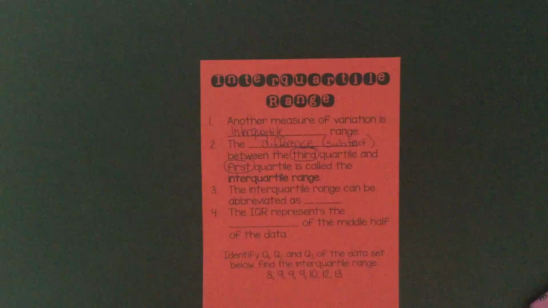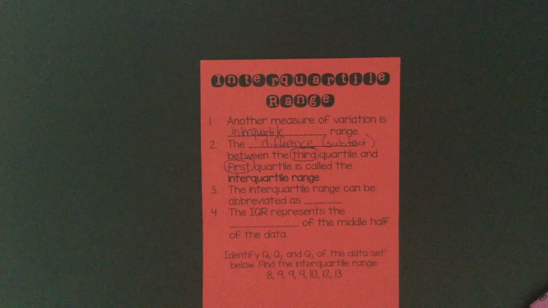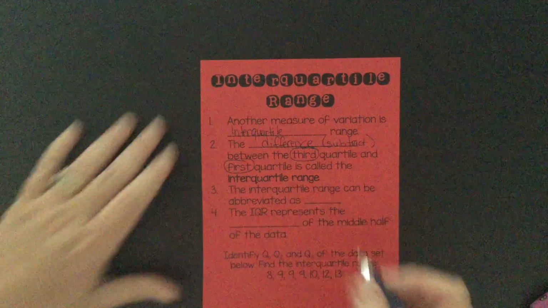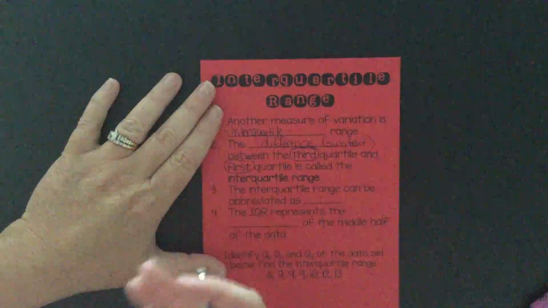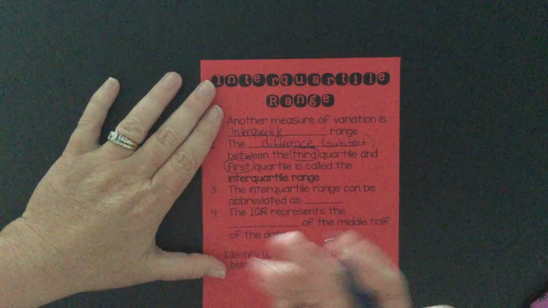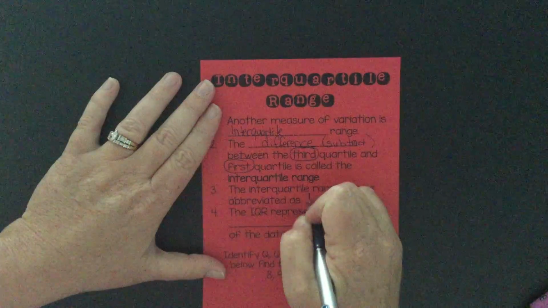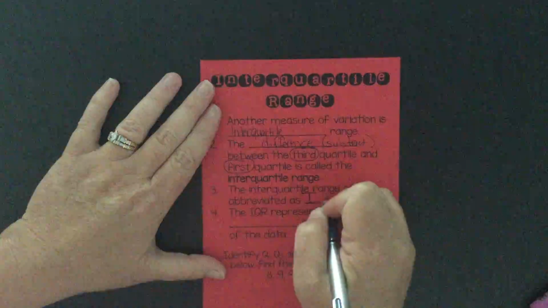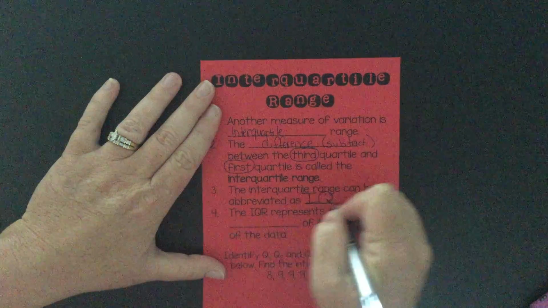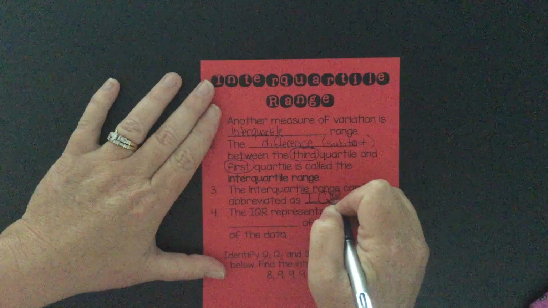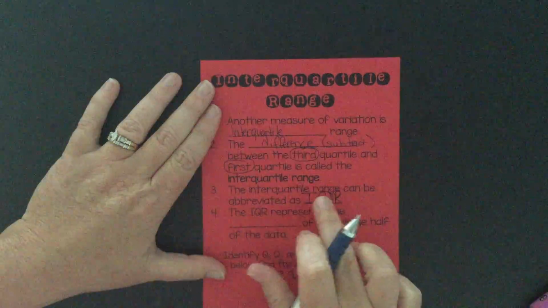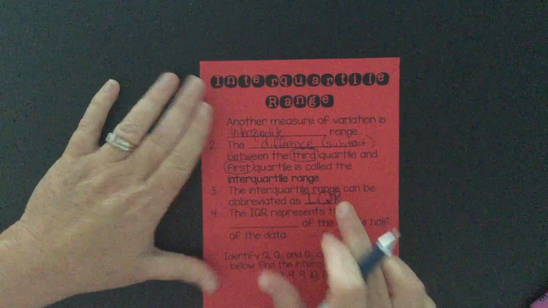All right, interquartile range. The interquartile range can sometimes be abbreviated, and it's most often abbreviated because it's a long word. So you'll see it as IQR, interquartile range.